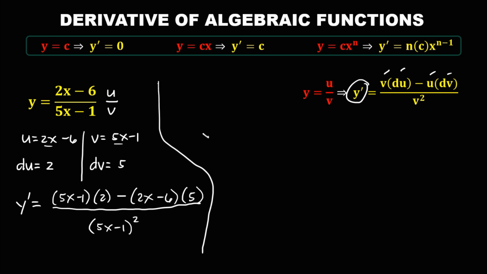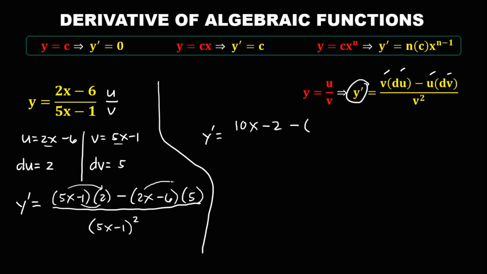Then to simplify, y prime equals multiply, so 5x times 2, this is 10x, negative 1 times 2, that's negative 2. Then minus, so we need to put this inside the parentheses.